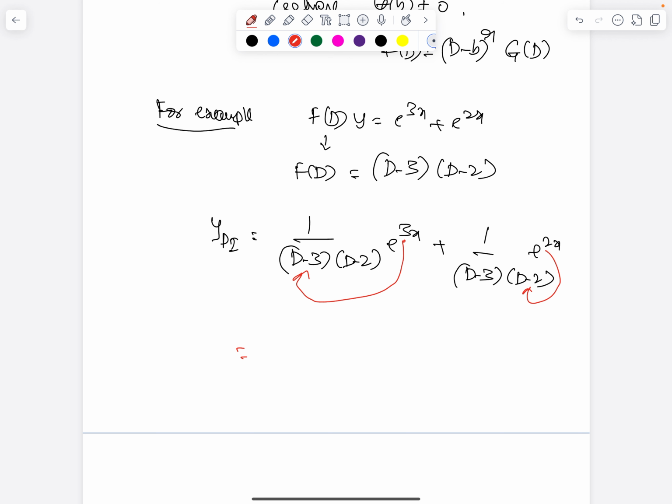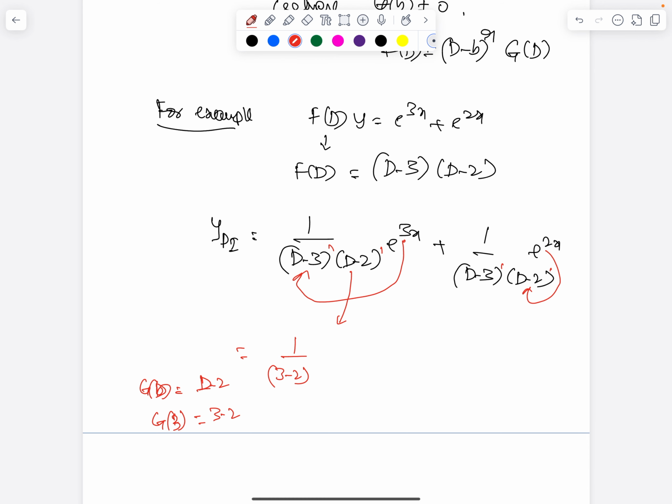Here the powers are 1 only, so r is 1. If you want to solve this, I can substitute 1 by 3 minus 2. So g of d is actually 1 by (d minus 2), therefore g of 3 is 3 minus 2.